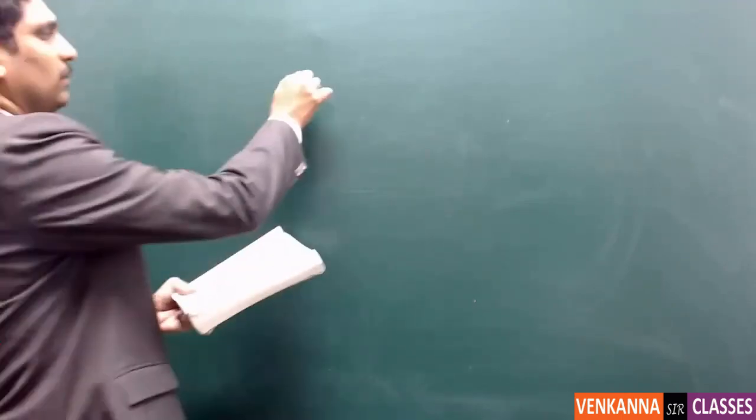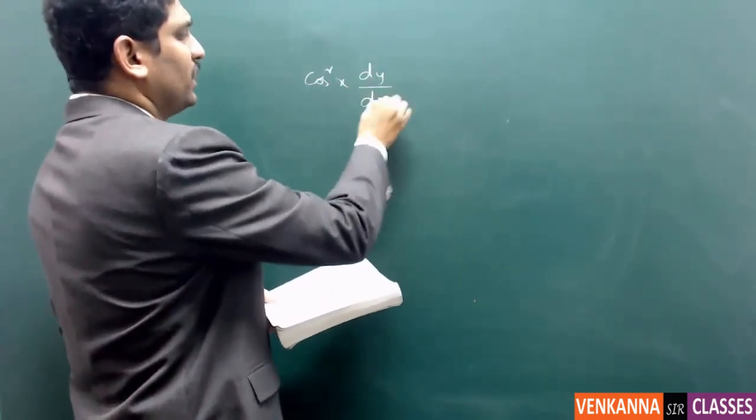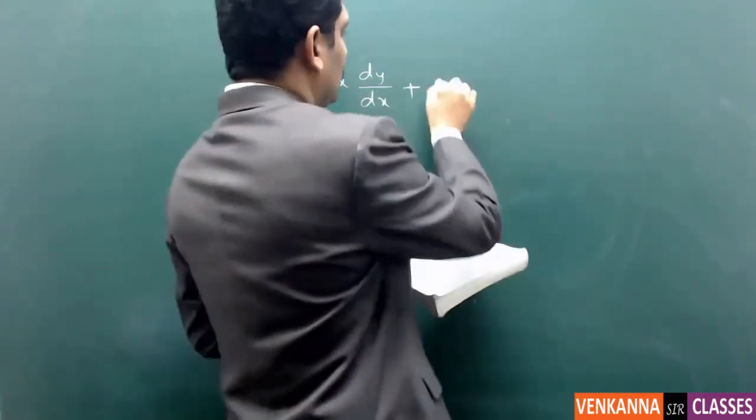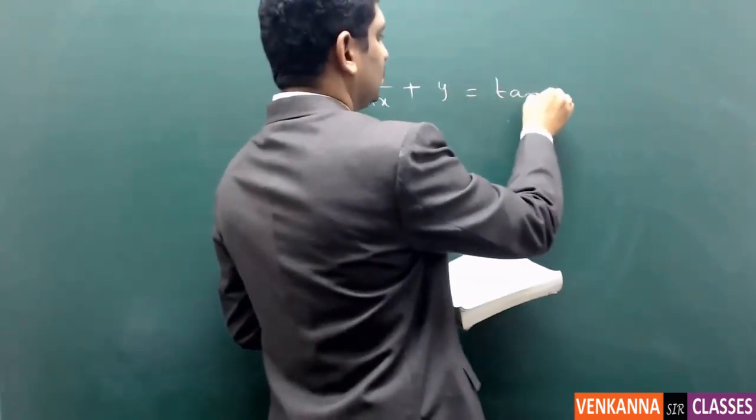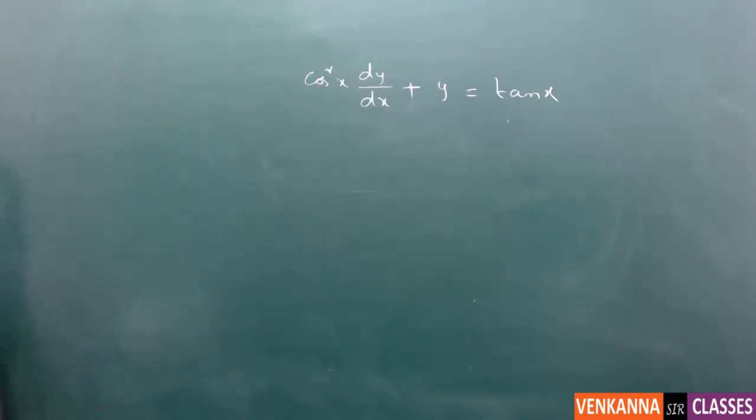So this is the problem. Cos square x into dy by dx plus y equal to tan x. So I will post the same request to our admin sir so that it will be posted on the platform.